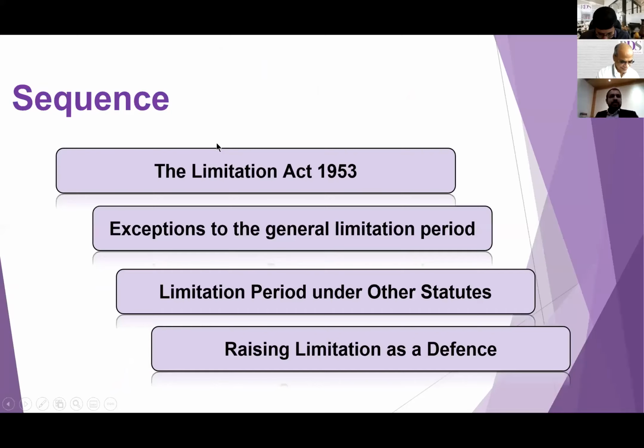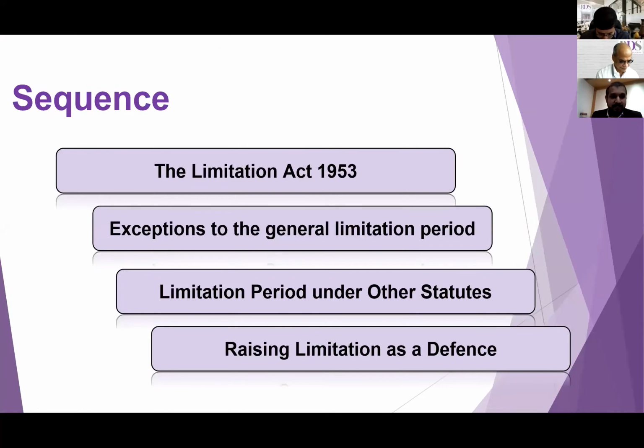Okay, so the sequence of my presentation will first touch on, of course, generally what are the limitation periods on certain aspects of actions as contained in the Limitation Act 1953, and then go on to touch on Section 6A, how it alters provisions in relation to time period for limitation in certain actions, namely tortious actions concerning non-personal injury claims.